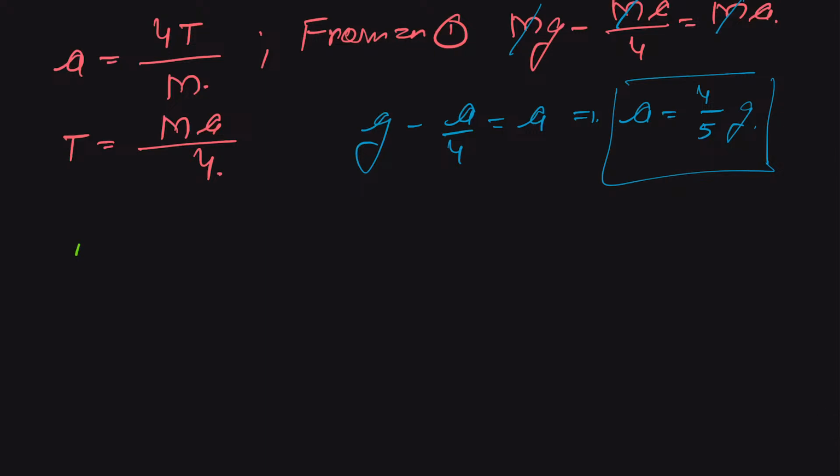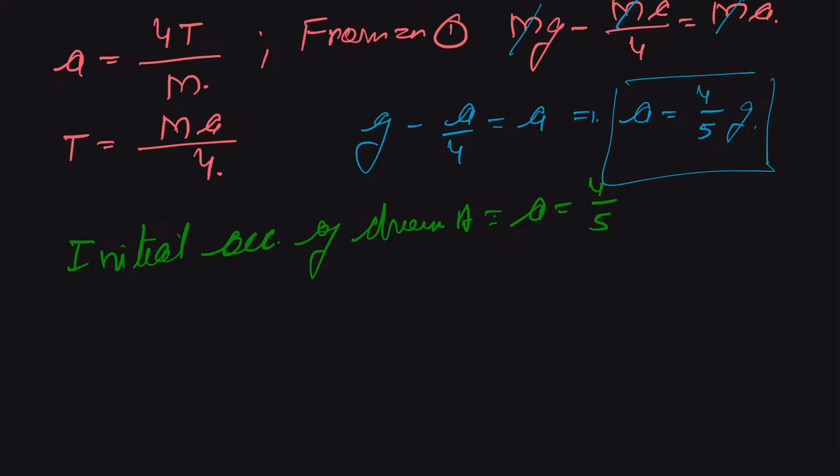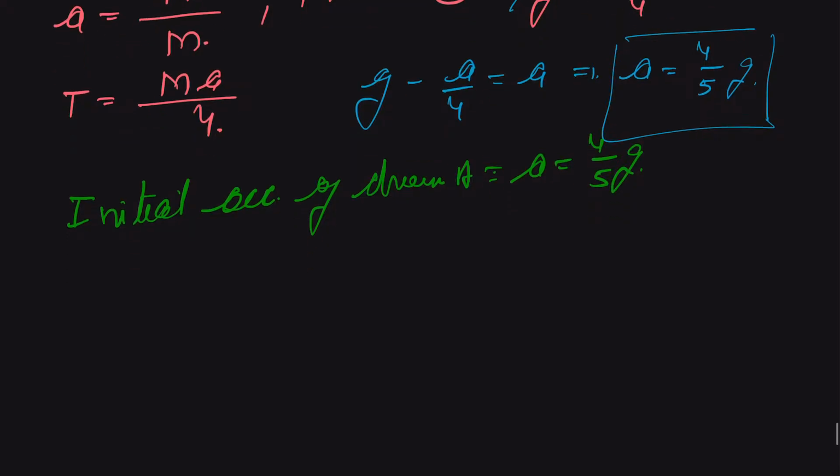You can say the initial acceleration of drum A is given as small a, which is 4 by 5 times g. And if we require to find out tension, we can also find out our tension T, which will be straightforward.